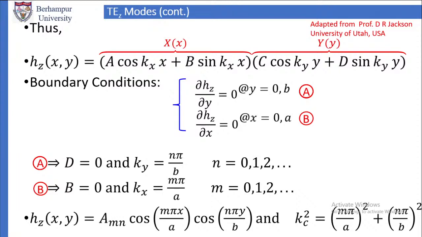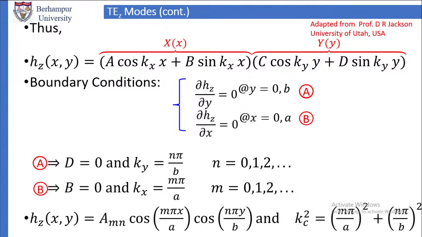∂Hz/∂y is equal to 0 is the same as ∂Y/∂y is equal to 0. ∂Y/∂y, if we look at that, Y is C cos ky y plus D sin ky y. Differentiate that, the cos term will give you sin, and the sin term will give you cos.